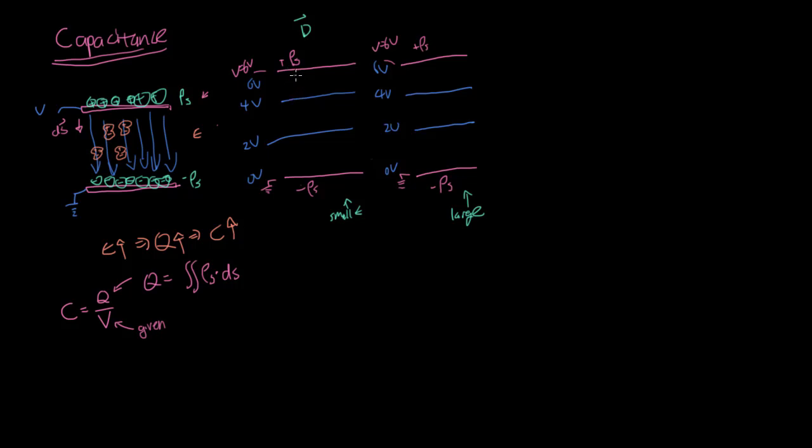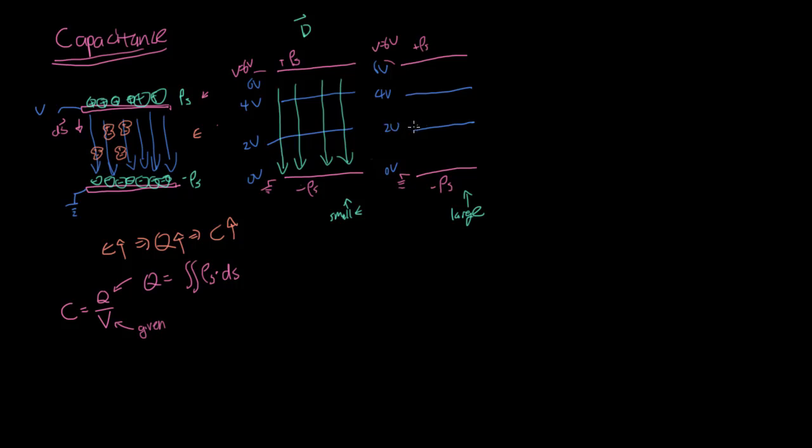Let's say that for 6 volts with this small epsilon, you need a certain amount of charge that is equivalent to 4 field lines for this region of interest in order to create this amount of slope, this 6 volt slope that you see here.